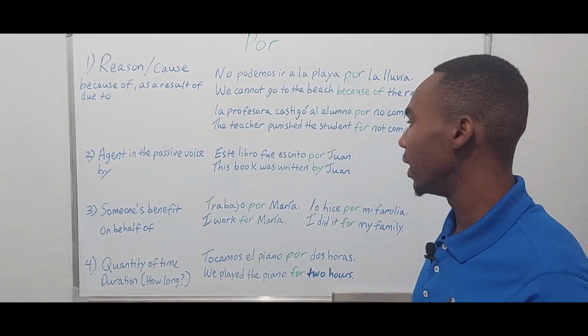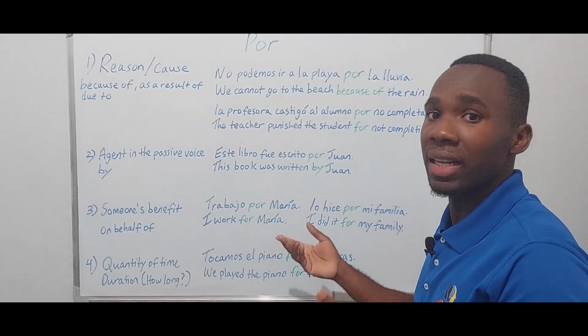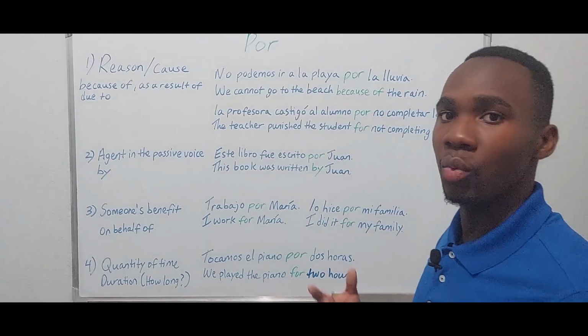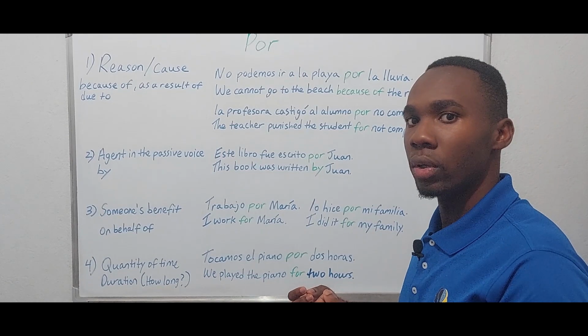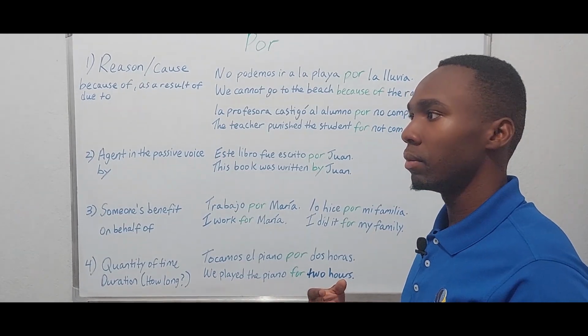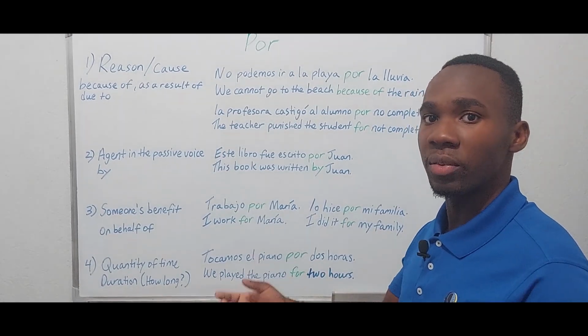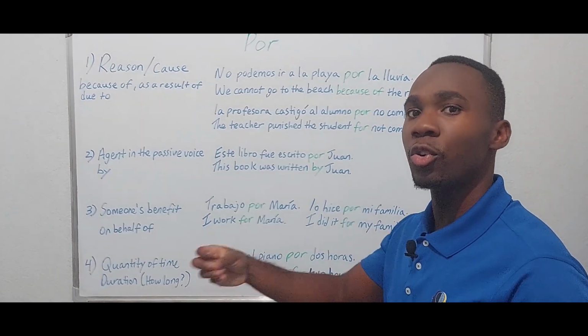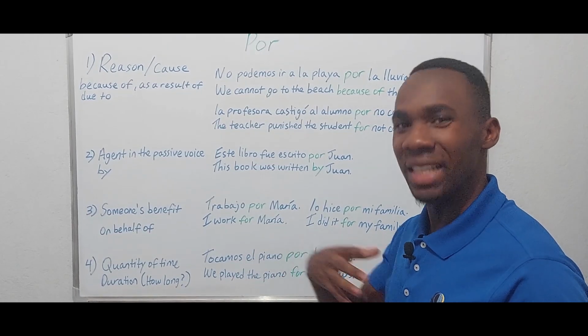It means that perhaps I'm replacing María. Let's say María is unwell and she's unable to work. Well, I am assuming her responsibilities for her. So her work is still going to be done, but it's going to be done by me.